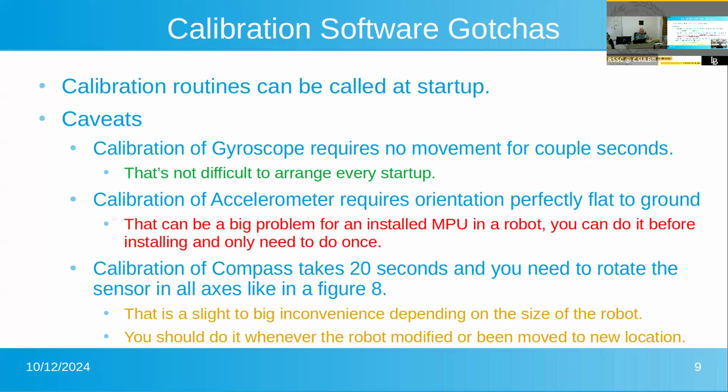Gyroscopes have a certain amount of drift, and when the IMU is sitting, not moving, and you take a bunch of measurements, you'll see this drift. During this calibration at startup, it just has to stay steady for a few seconds.